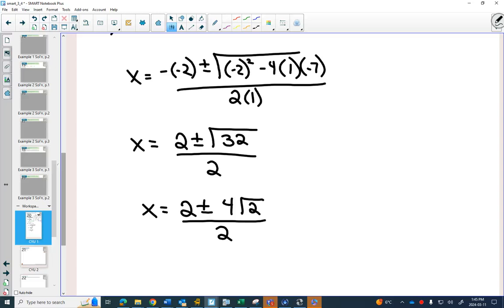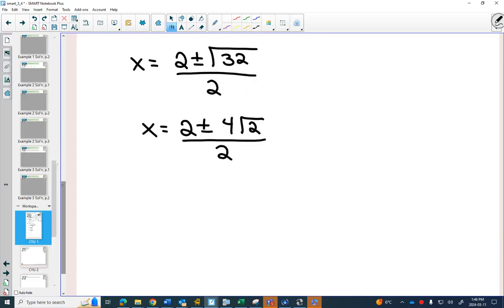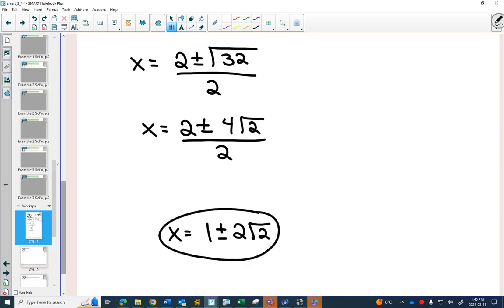And if you are going to simplify, if the whole thing is divided by 2, you have to divide everything by 2. So some people like to go to the next step and I'll just write a next step. Divide the first one by 2, the second one by 2. This is a final answer. If you have more than one term and it's all divided by 2, each one has to get divided by 2.